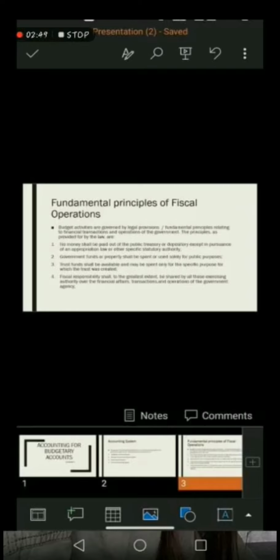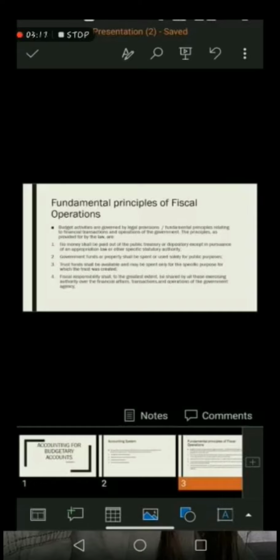are: 1. No money shall be paid out of the public treasury or depository except in pursuance of an appropriations law or other specific statutory authority. 2. Government funds and property shall be spent or used solely for public purposes. 3.